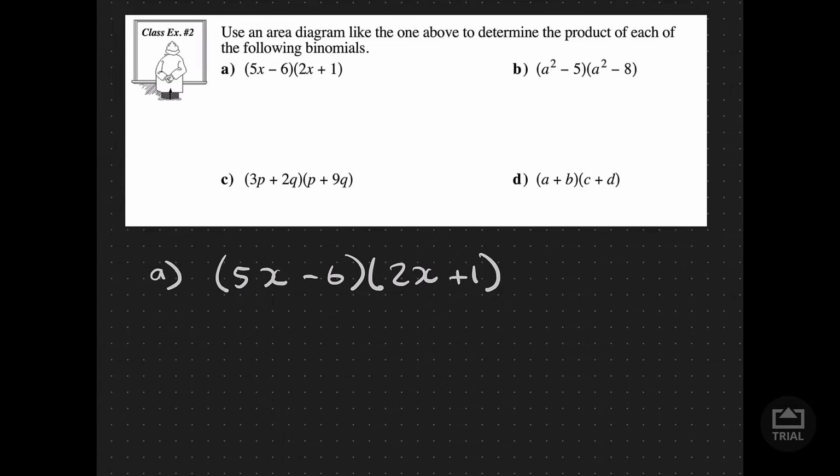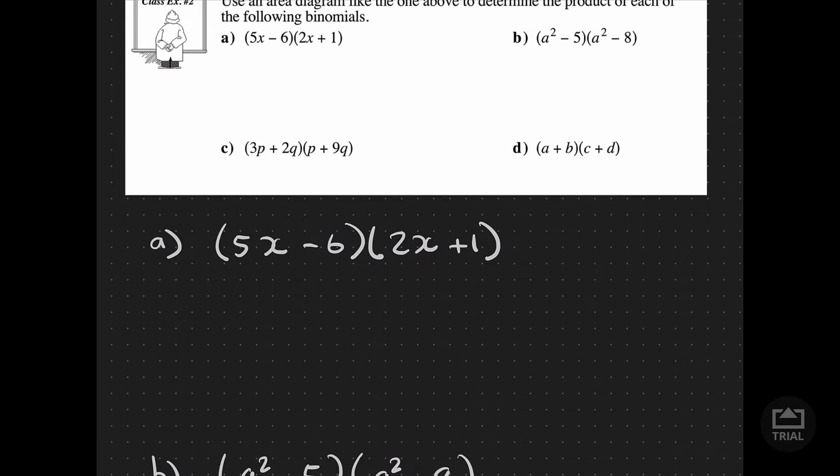So you can see right here on question A that we have a binomial inside these brackets multiplied by another binomial inside those brackets. When we get two brackets side by side like that, the process we're doing is multiplication.